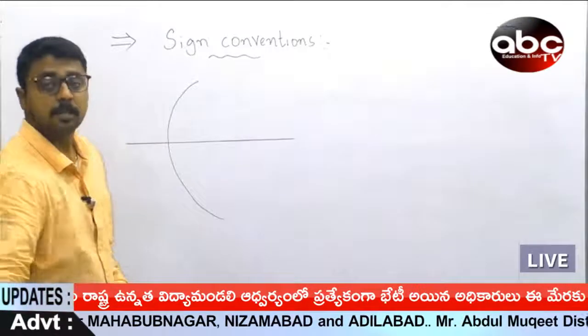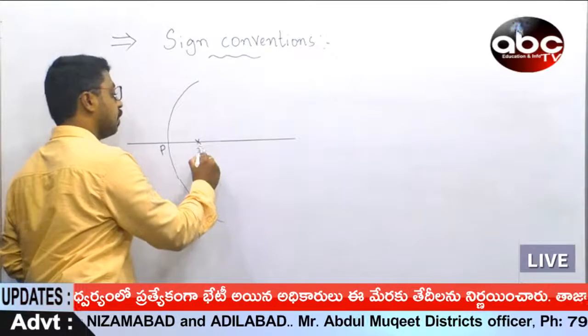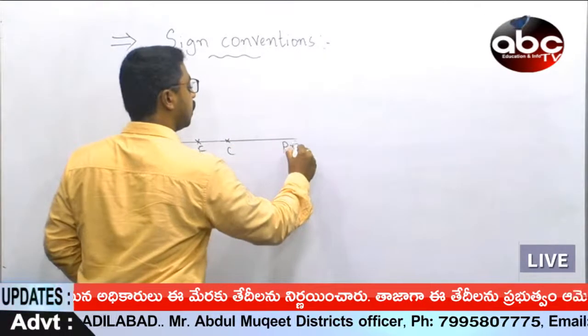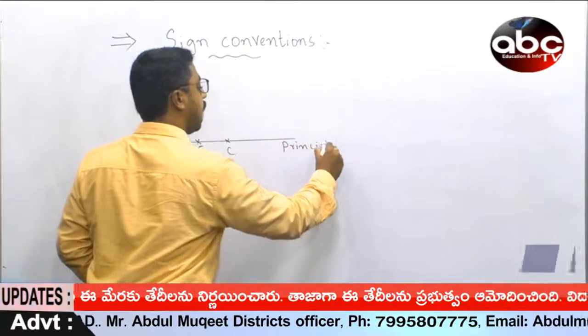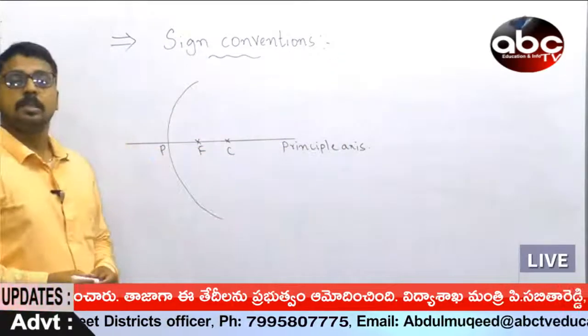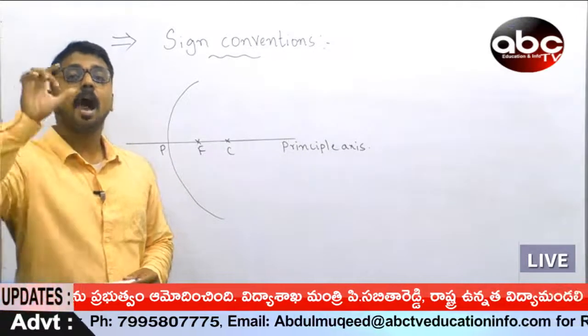And of course, these terms are very familiar to us: pole, focus, center of curvature, principal axis. So the second point is especially dealing with the heights of an image.